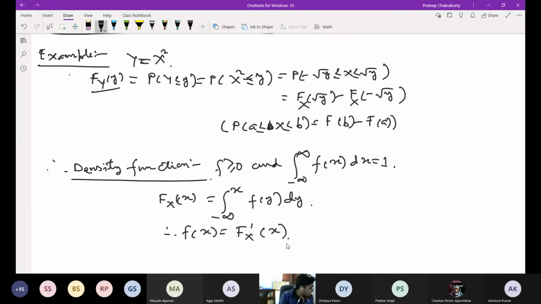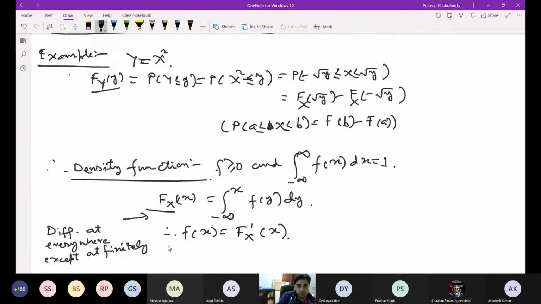There are some conditions. This capital F function has to be continuous everywhere and differentiable except at finitely many points.